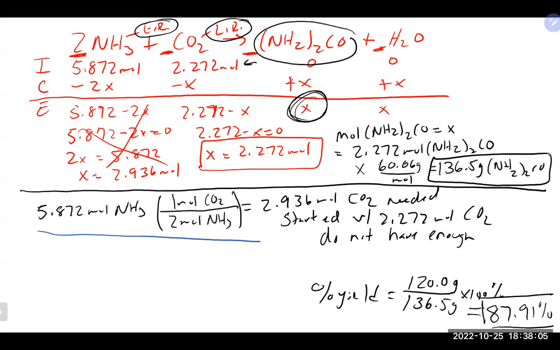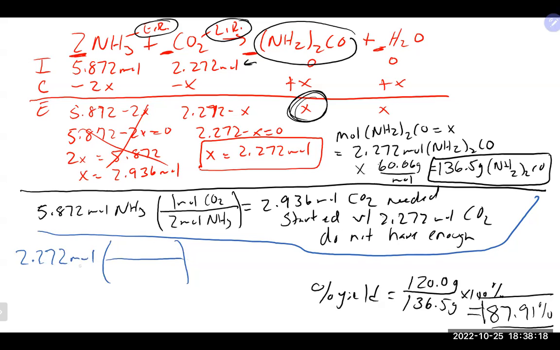By the way, just to finish up the bottom way, so you can see them both. Obviously, at this point, once we figured out once again that the CO2 was our limiting reagent, we would go back to the starting moles of CO2. We would do a mole relationship between moles of CO2 and moles of our product.